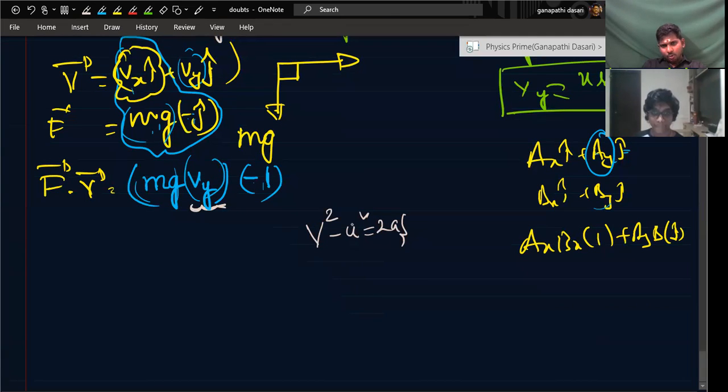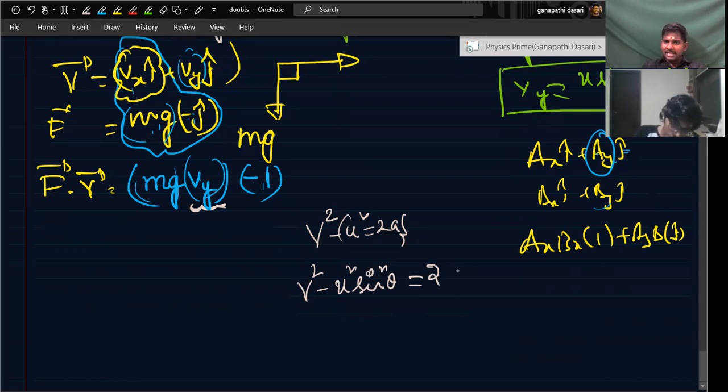So v square minus u square is u square sine square theta, right? Into a, which is nothing but minus g, downwards. S is nothing but what?